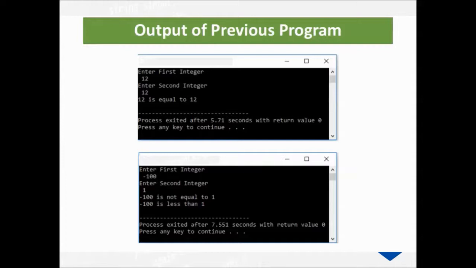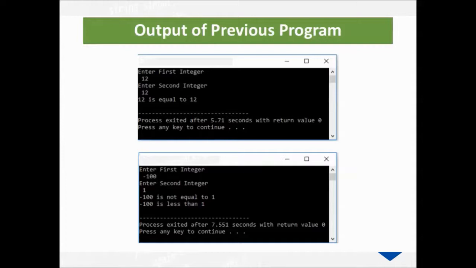On the other hand, if we run the program again, this time it asks the user to enter a number and the user enters -100, and it again asks for the second integer and this time the user enters 1.